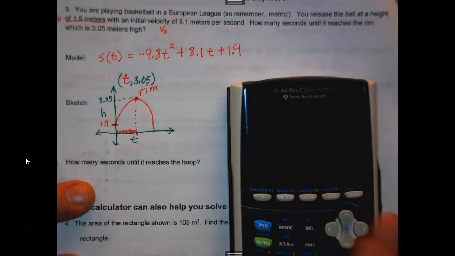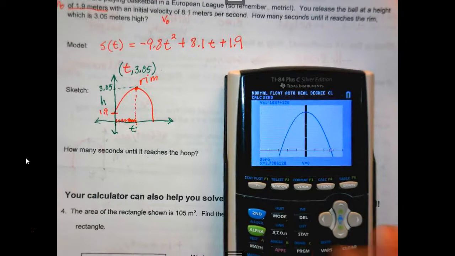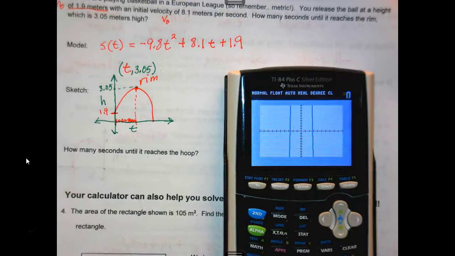Okay, so I'm going to hit my zoom button, go to zoom standard, number 6, to get my graph back at its default setting.